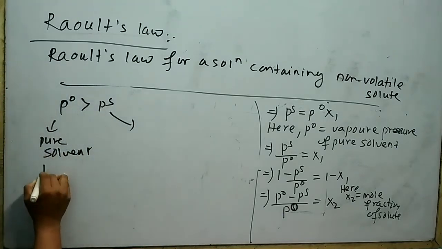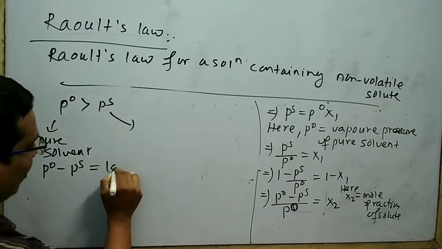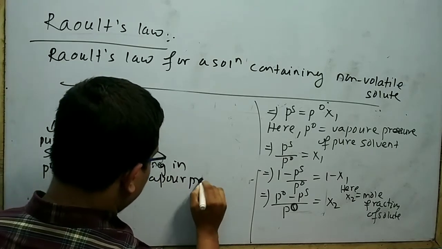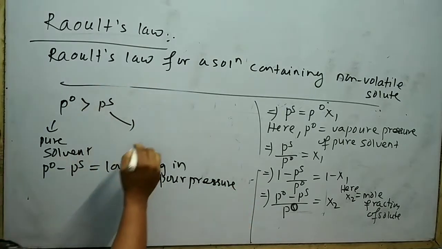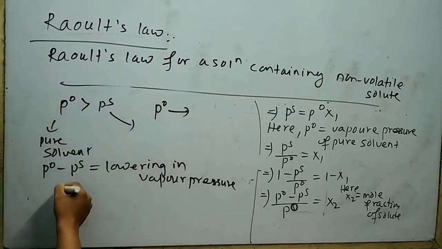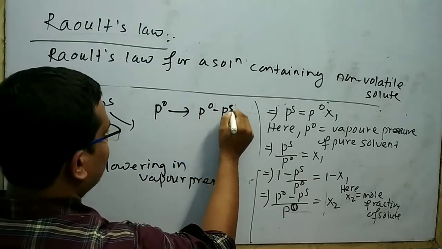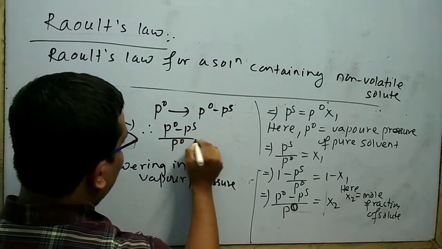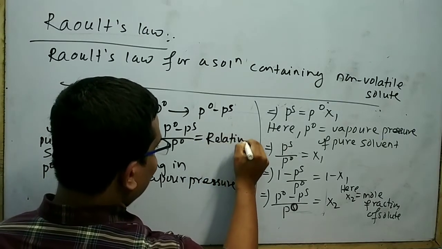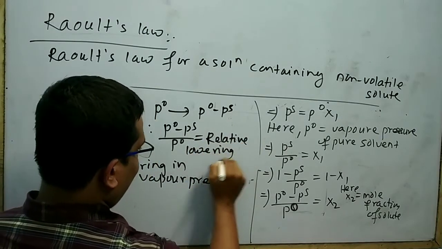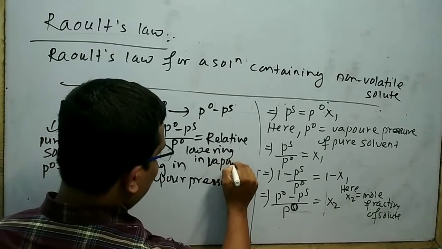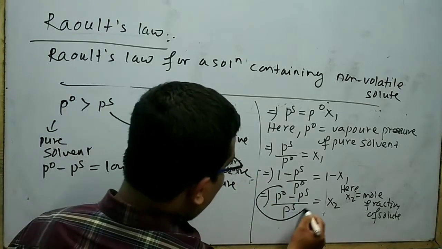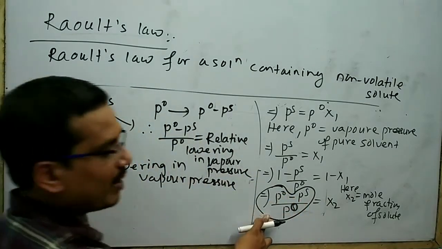That means P0 minus Ps equals the lowering in vapor pressure. So (P0 minus Ps) divided by P0 equals the relative lowering in vapor pressure.